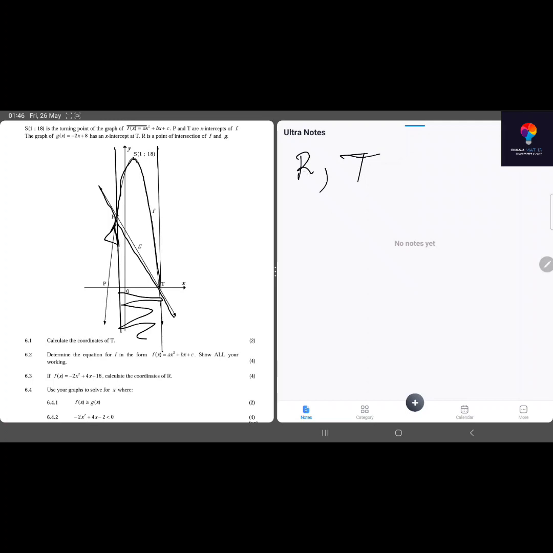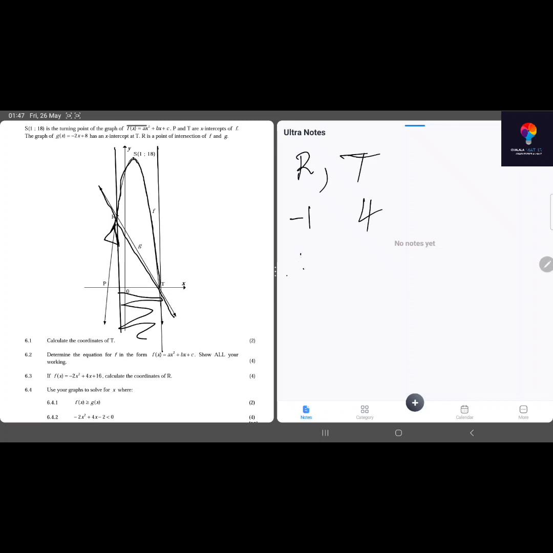The x coordinate of R is minus 1, and the x coordinate of T is 4.